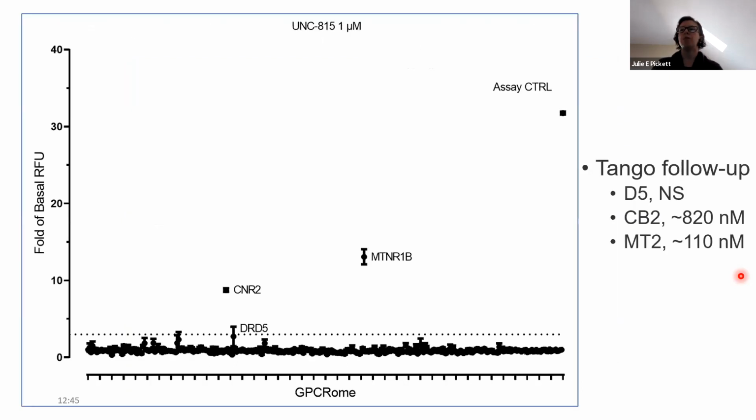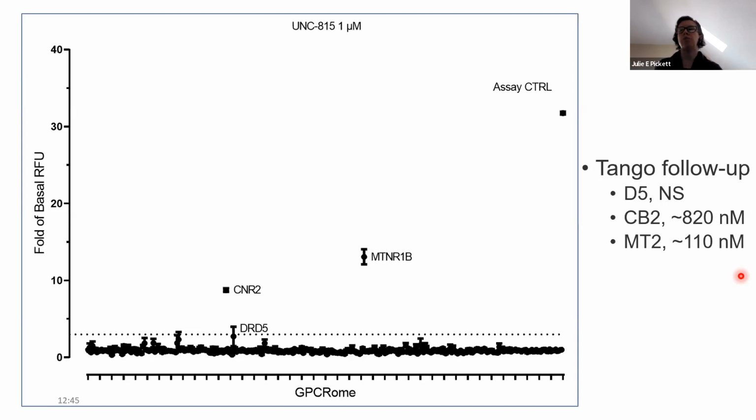For compound 815, our methylated negative probe, we did have hits at CB2 and melatonin 2. CB2 was not particularly potent or efficacious, so that one's not really a concern.